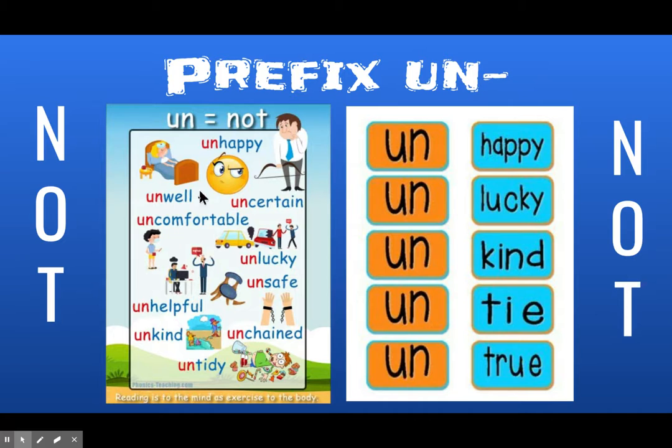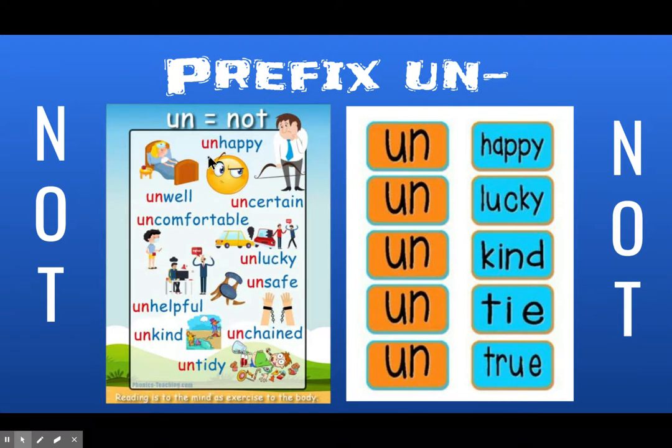So in this chart right here, we see the base words happy, well, certain, comfortable, lucky, safe, helpful, kind, chained, tidy. When we add the prefix un to it, it's going to totally change the meaning of the base word.